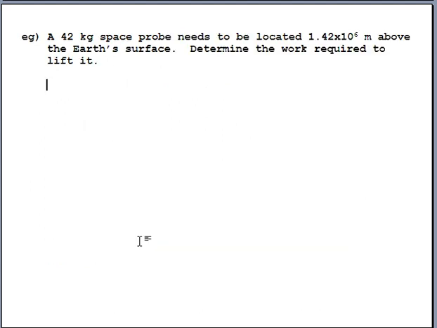Okay, let's work through this example here. We've got a 42 kilogram space probe. You're in charge of launching it, and it has to be located this far, oh, I don't like that word, above the Earth's surface. Generally, I like orbital radius, but this orbit, talking about how far it is above the Earth, we're going to have to fix that in order to get it to work.